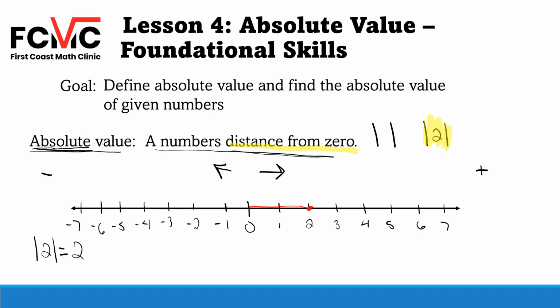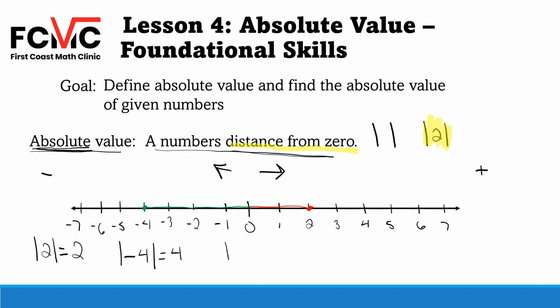What if I asked for the absolute value of -4? Okay, so now how far is -4 away from 0? So let's do this in green. So -4 is right here. -4 is 1, 2, 3, 4 units away from 0. So -4 is 4 units away from 0.